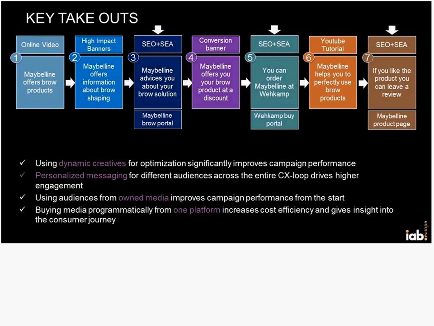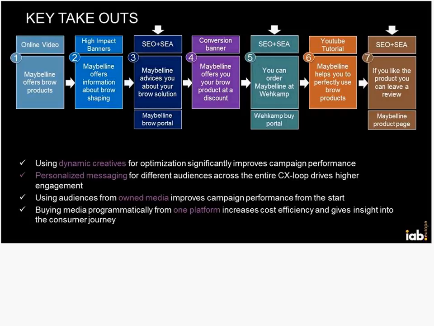And then to end, the key takeaways of this campaign. Using dynamic creatives for optimization significantly improved campaign performance. Personalized messaging for different audiences across the entire consumer experience loop drove higher engagement.